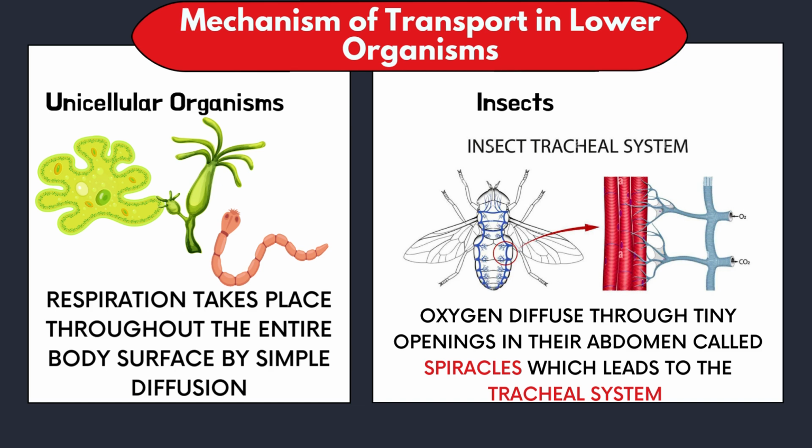The spiracles lead into tubes called trachea. This trachea further divides into smaller tubes called tracheoles, and these tiny tubes get into the tissues and cells through the body fluid.